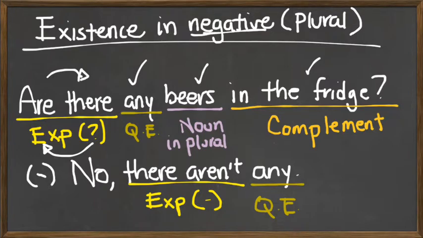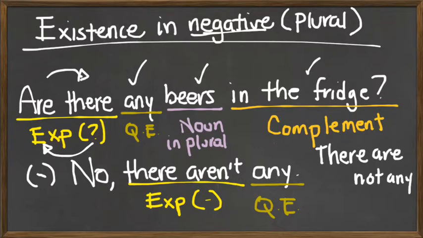So we have no, there aren't any. And also we have three options. We can say no, there are not any.